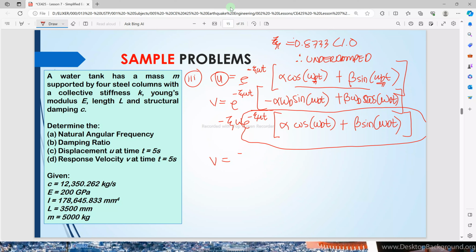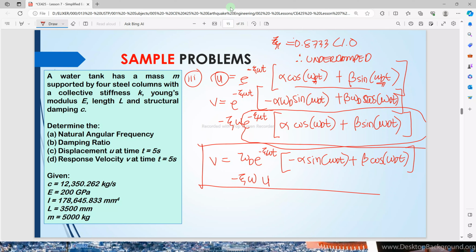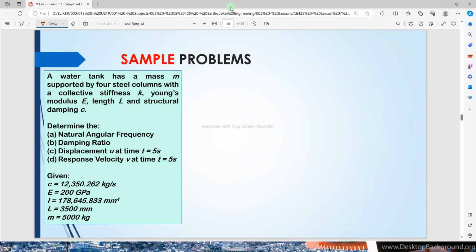So we have omega d e to the negative psi omega t times negative alpha sine omega dt plus beta cosine omega dt, minus psi omega times u. This is our equation of motion for the velocity in the underdamped condition, and this is for the lateral displacement. So we just rewrite that.